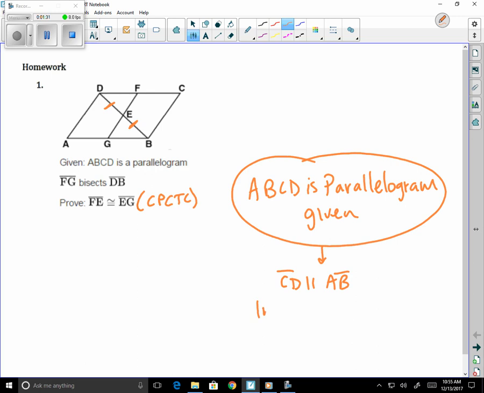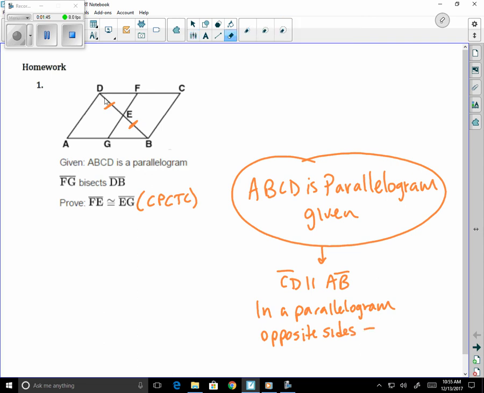I know that because in a parallelogram, opposite sides are congruent. Not congruent, parallel, sorry.